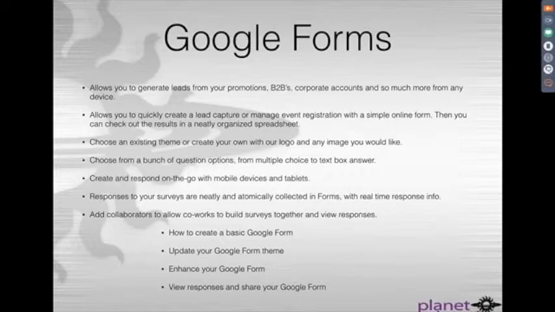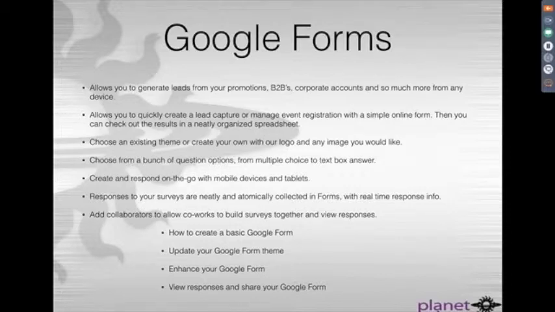So Google Forms, Google actually just updated their forms. They've made it very, very simple and easy to use. They have a lot of existing themes that are color coordinated. They're easy to use. If you need to make a form very quickly, their already created forms are the way to go. But you can also customize them with our logo, or maybe use any lifestyle images.